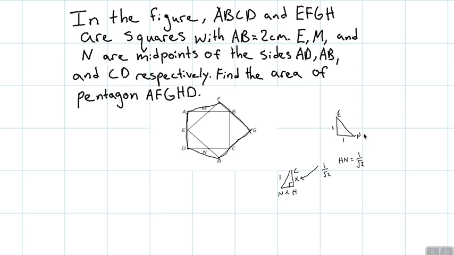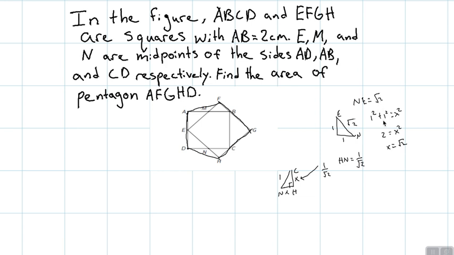Using the Pythagorean theorem, 1 squared plus 1 squared, we'll call this x squared. So 2 is equal to x squared, so x is equal to root 2. Therefore, NE is equal to root 2.